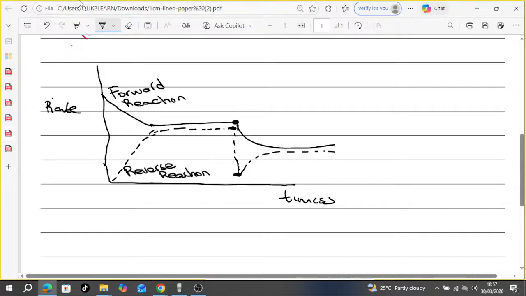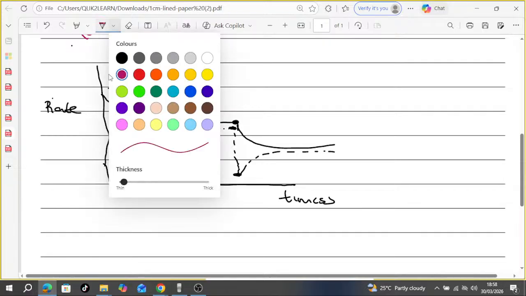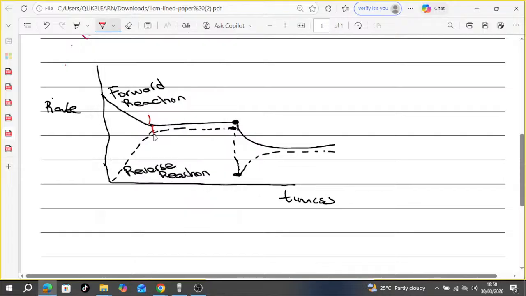Okay, so now let's go through this graph. We can see that at this point here, we can call that T1, and this point there, let's call T2.